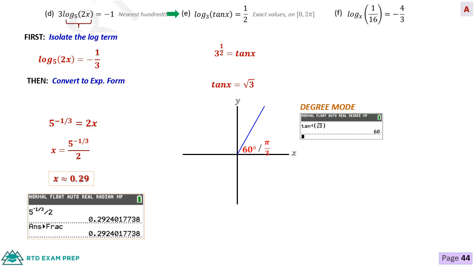In case you're rusty with radians, the arctan of root 3 would give us 60 degrees. That is equivalent to 180 divided by 3, so we can write it as pi over 3.